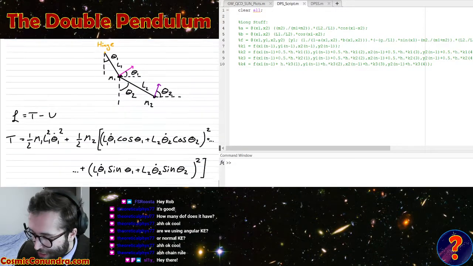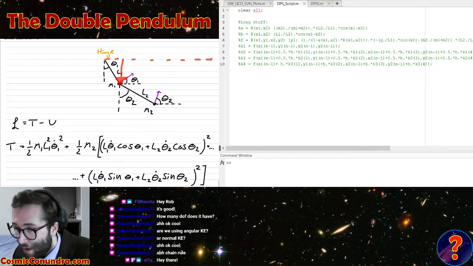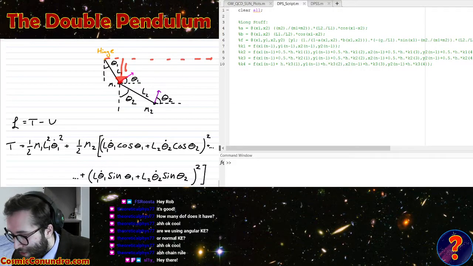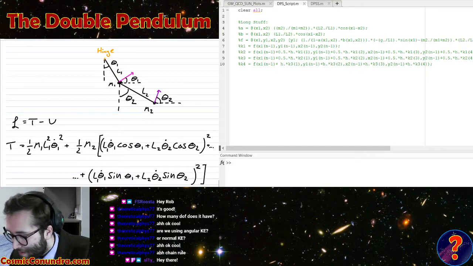So the potential energy, if we take the height of the hinge as the baseline of our potential energy, then the potential energy of the first mass is going to be minus, because it's below the baseline, minus mgh, where h will be this height here that you'd find as L1 times cosine theta 1.